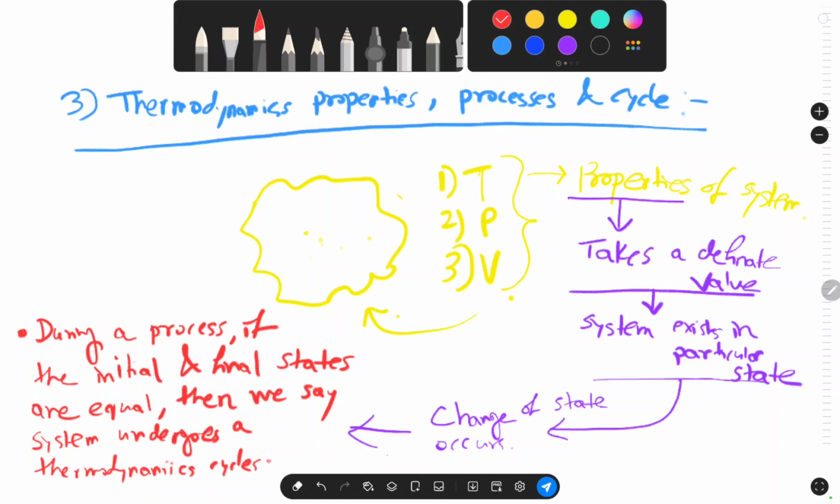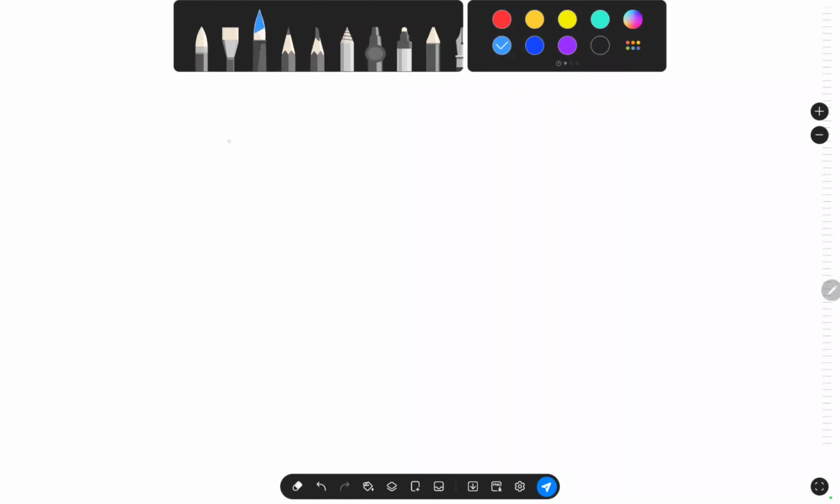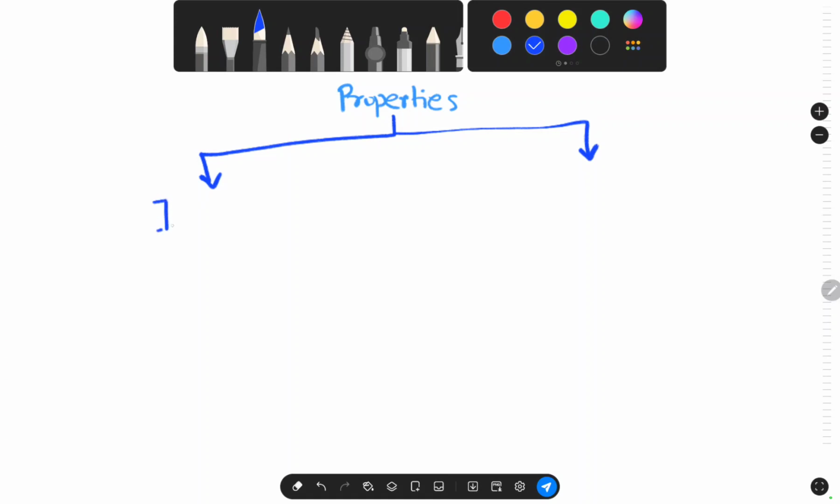Now thermodynamic properties are of two types: intensive properties and extensive properties.